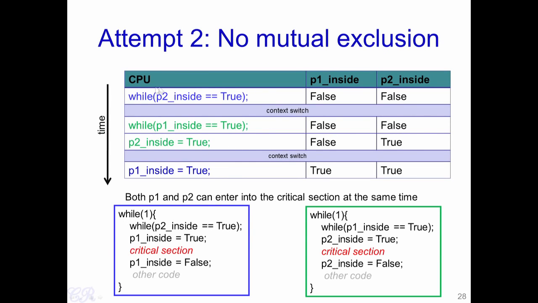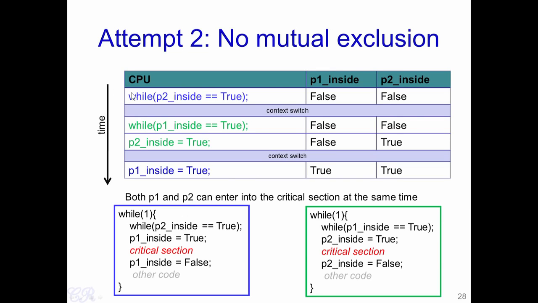This table here shows the execution of various statements in the CPU with respect to time. This while loop, since it is in blue color, corresponds to process 1, while P1 underscore inside equal to true and P2 underscore inside equal to true is in the green color, so it corresponds to process 2, and P1 underscore inside equal to true again corresponds to process 1.